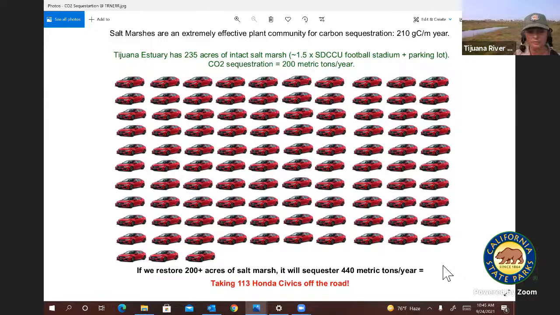So the amount of carbon dioxide 113 Honda Civics emit in a year, if we could have the salt marsh that we want here, it would be like taking away 113 Honda Civics. Now, that might look like a lot of Honda Civics to many of you. Maybe that is a lot. 113.